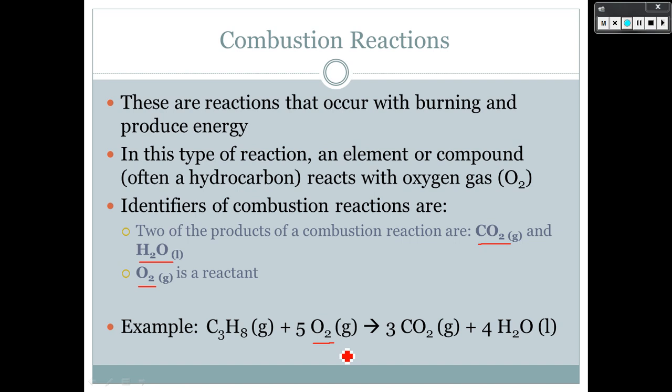If you never did that back in 3rd grade to see that, yes, in fact, you need oxygen, you might want to give it a try. It's kind of fun. And then that yields our carbon dioxide gas and our liquid water, exactly what we want. So that's a combustion reaction. As I said, it doesn't have to be a hydrocarbon. Propane, of course, is. Your book lists a couple that aren't hydrocarbons, but it's often a hydrocarbon.